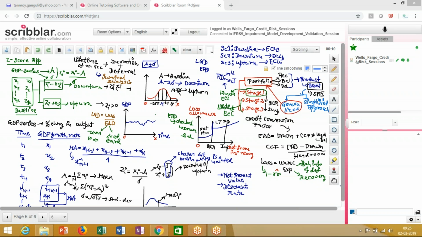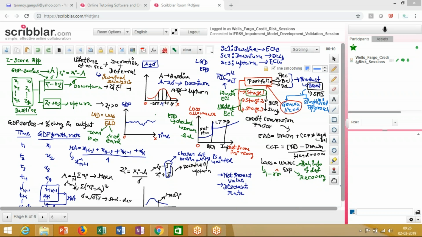So let's start off with a very basic part of this: the type of asset classes that fall under IFRS 9. What type of assets can a firm place under IFRS 9?